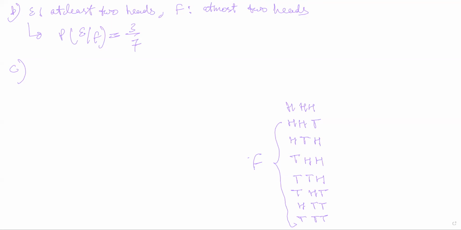Here's what's the answer. 6 by 7. Correct. What about Nazia and Sakina? Yes, sir. Good. Got it, sir.